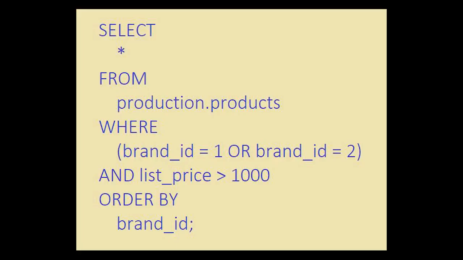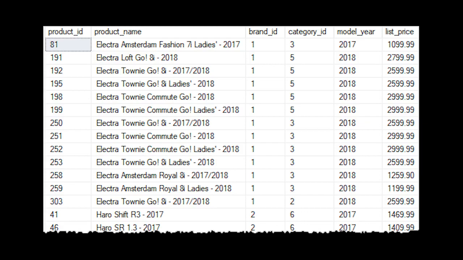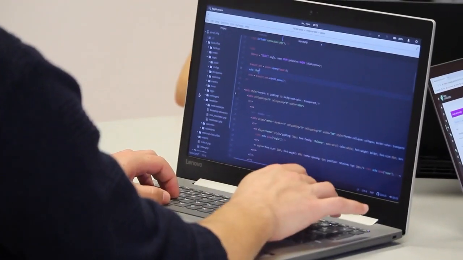To get the products whose brand ID is 1 or 2 and list price is larger than $1,000, you use parentheses as follows. The query returned the following result. Let's do some practice, shall we?